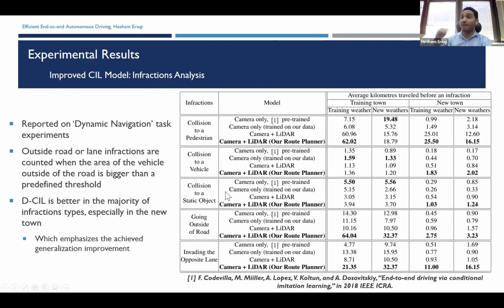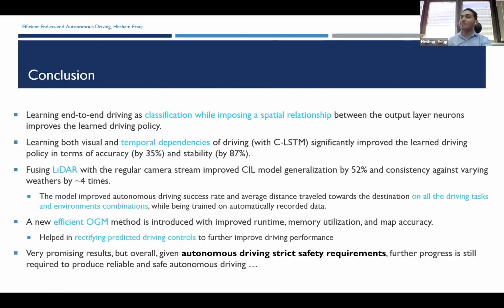Comparing our techniques to the state of the art, you can see that our methods improve the infractions in the majority of types, but still not all of them, which tells us that learning the problem as a classification while imposing spatial relationships between the output layer neurons is helpful.